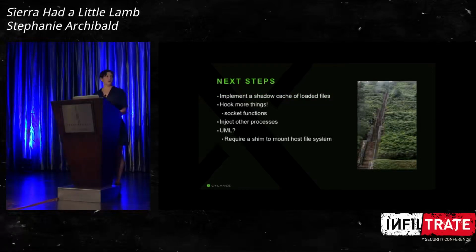So from this really basic platform, what other things could we implement? Because now we've got the basic things. One thing I really wanted to try was to implement a shadow cache of loaded files. The idea being that, over the network, you could send ls or something, and it would load into the shadow cache.